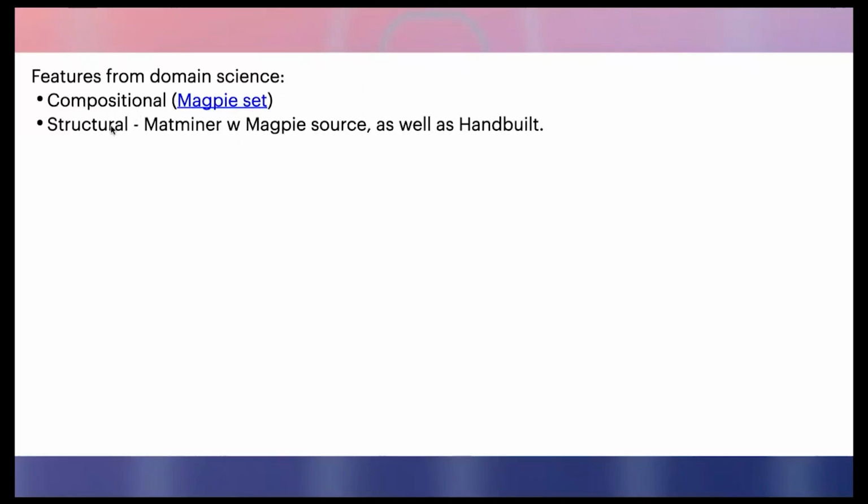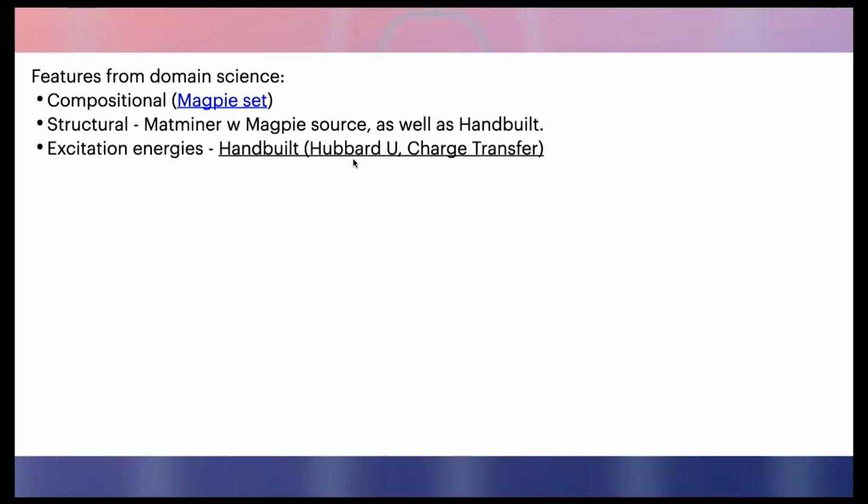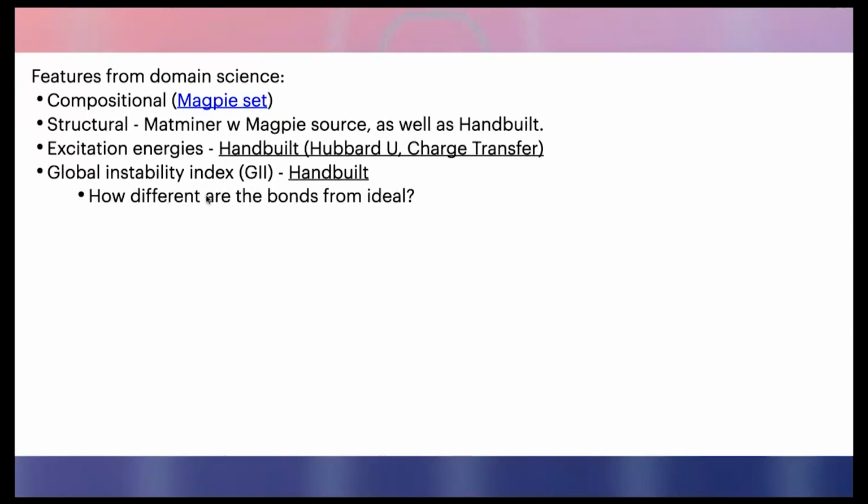So we then used a variety of features from domain science. Some compositional features from MagPy, some structural features, including some hand-built features that Peiwen, who is an undergraduate student in the group, built, namely the Hubbard U and charge transfer energies, as well as a global instability index, which I think is now actually standard in Materials Project. And what this tells you is how different are the bonds from the ideal.